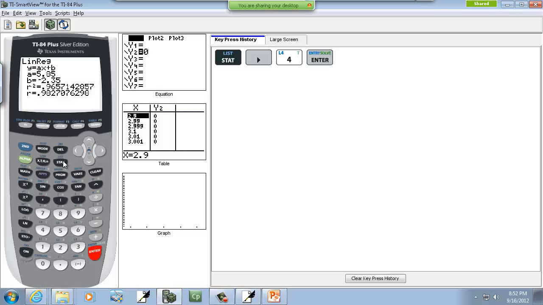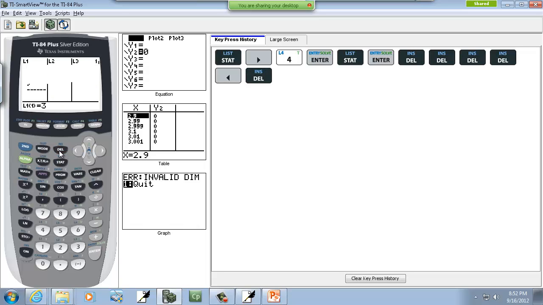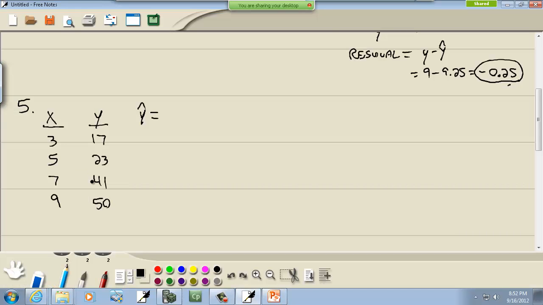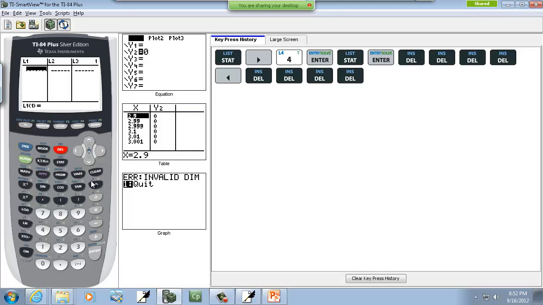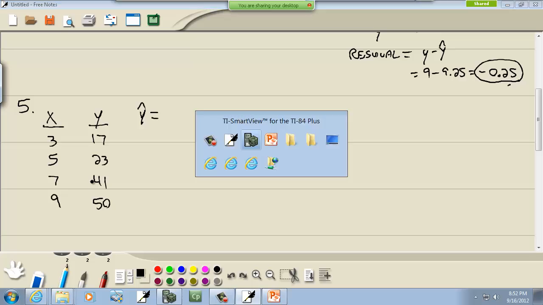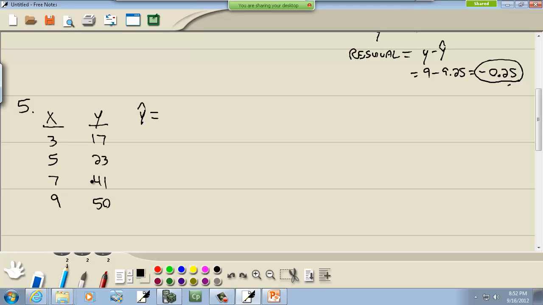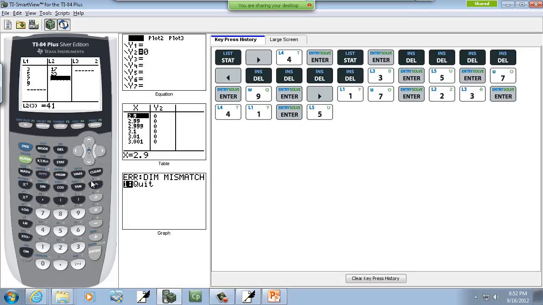So I'll press stat, enter on edit, press delete a few times. The x values are 3, 5, 7, and 9, so 3 enter, 5 enter, 7 enter, 9 enter. Then 17 enter, 23 enter, 41 enter, and 50 enter.